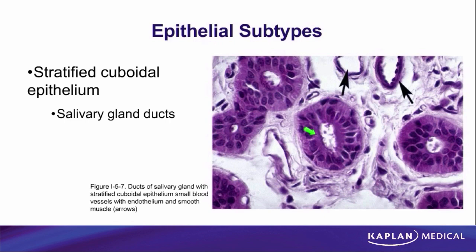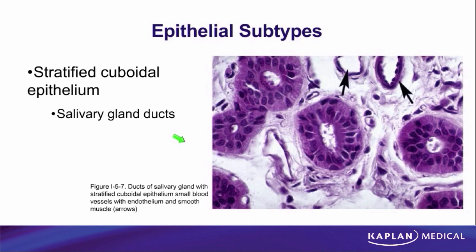Okay, when we get to the histology of specific organs later on in our discussion, you'll want to pay attention to the functions of different organs within an organ system and think about what kind of an epithelium would be best suited to serve that function.